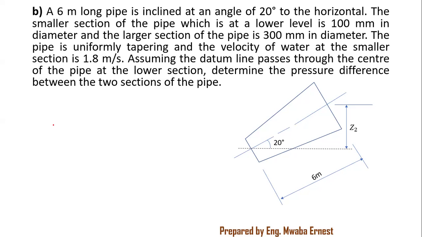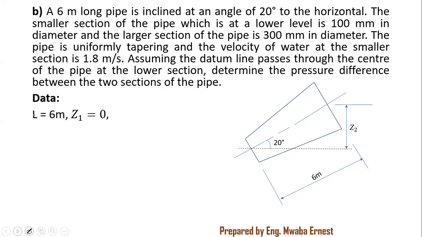So as per tradition, first thing we have to do is to start organizing data so we can make sense out of it. Okay, where is our data? Yes, so the first thing we have is that the length of the pipe is actually 6 meters. And this one has made our work easier.